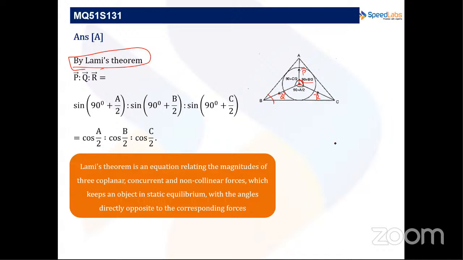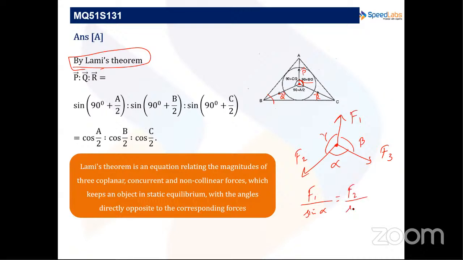From Lami's theorem, if we are having the three forces F1, F2, F3, such that this angle is alpha, this is beta, and this is gamma, then F1 upon sine alpha equals F2 upon sine beta equals F3 upon sine gamma.